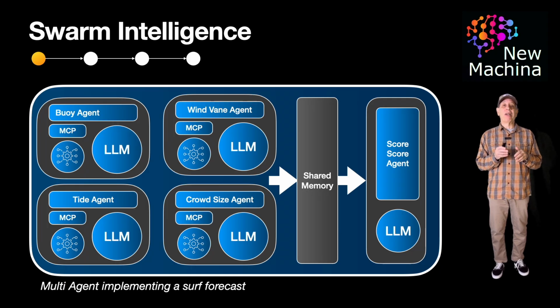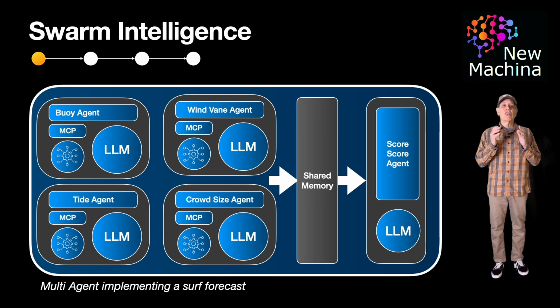I would do this by extracting raw data from buoys, wind vanes, surf cams, and local knowledge without a single supervisor agent. This multi-agent workflow will allow surf forecast agents to interact, coordinate, and update in real time. There's no fixed path. The agents cooperate, share signals, and adjust as situations evolve.